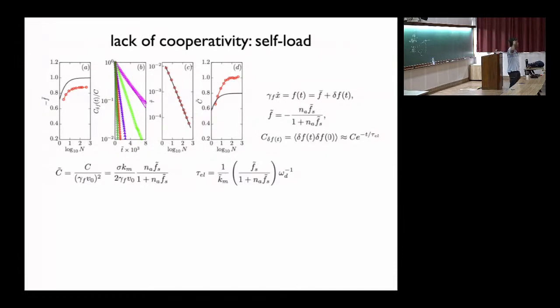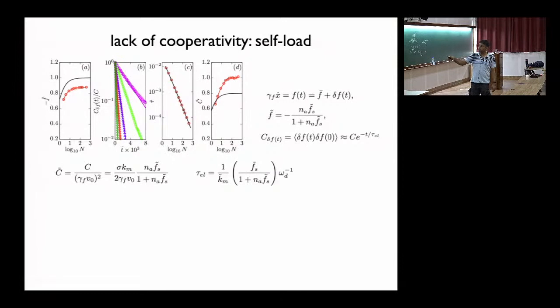Yes. This is from full simulation. I have not told you all these things yet. What we are plotting here first is the mean force as a function of the total number of motors that can attach to the filament. You see that it grows and then saturates. All these points are numerical simulation data.